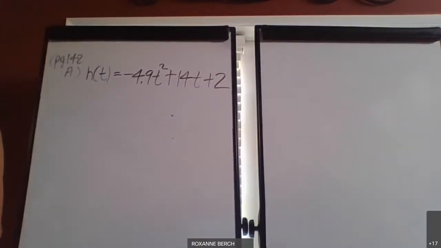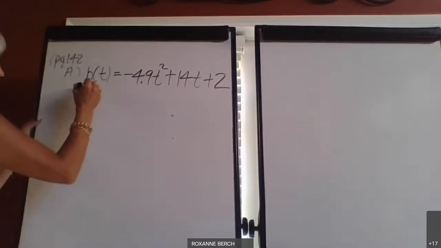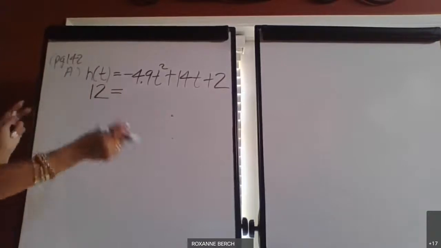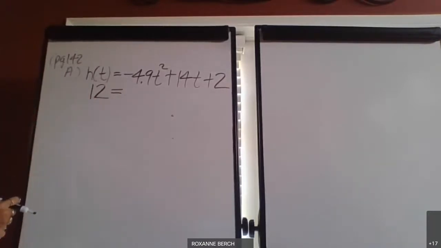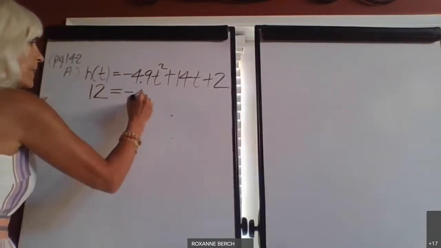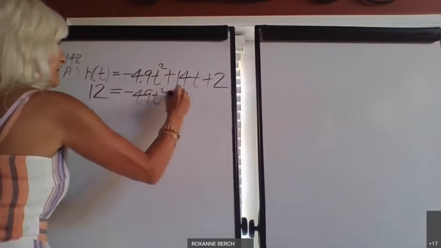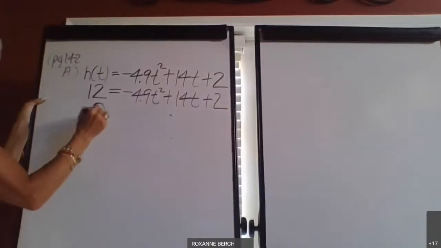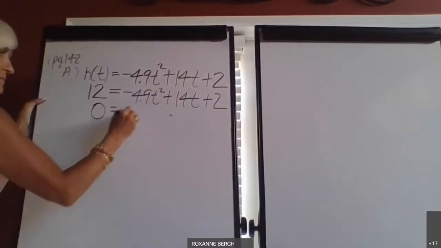And they want to know if the ball reaches a height of 12 meters. So don't we have to put 12 in here to see if it works or not? Yes. So we're going to leave this alone, and we're going to set it equal to 0 to get our ABC right.